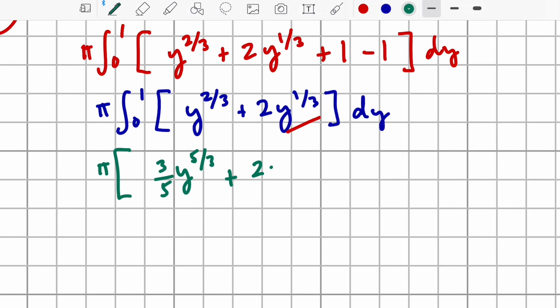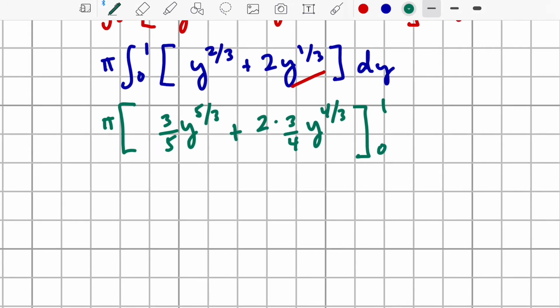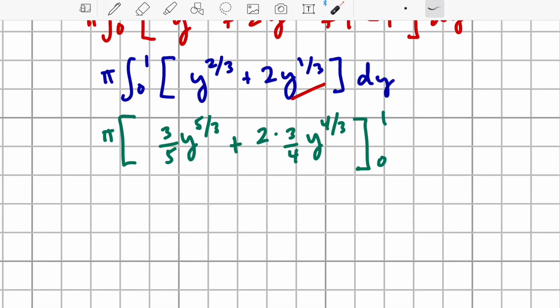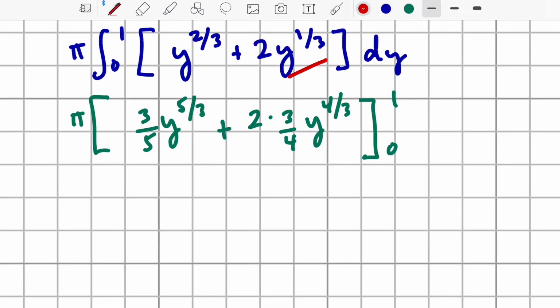So it'll be 2 times, if I add 1 to the exponent, 1/3, that's going to give me 4/3. So y raised to the 4/3 power, but I have to multiply by the reciprocal, which is 3/4. And we will evaluate from 0 to 1. Before I actually evaluate, I want to make sure that it's simplified. And since I have a 0, if I plug it in here, it gives me 0. If I plug it in here, it gives me 0, so I will ignore it again. Always check though.